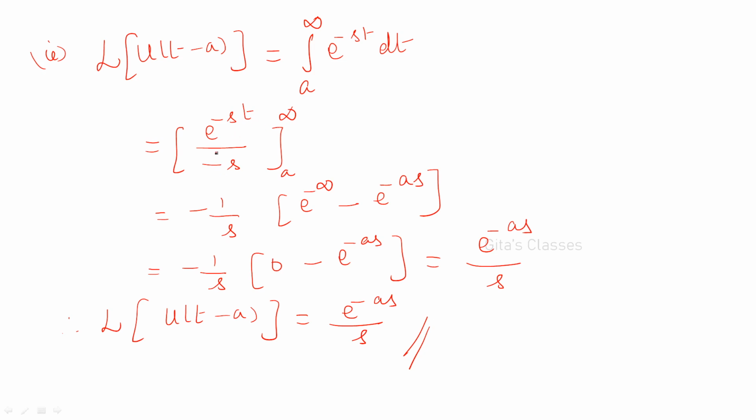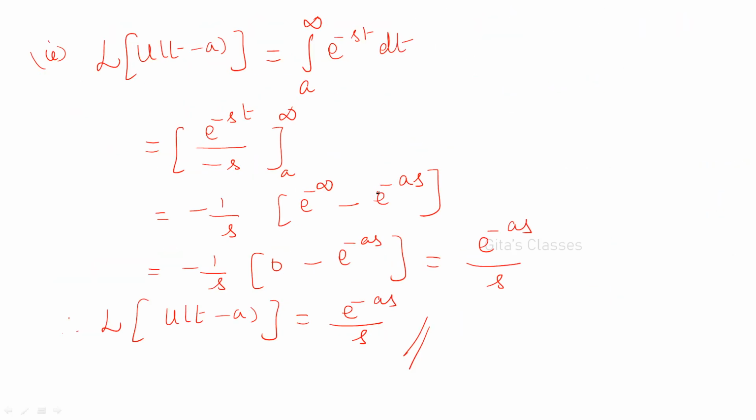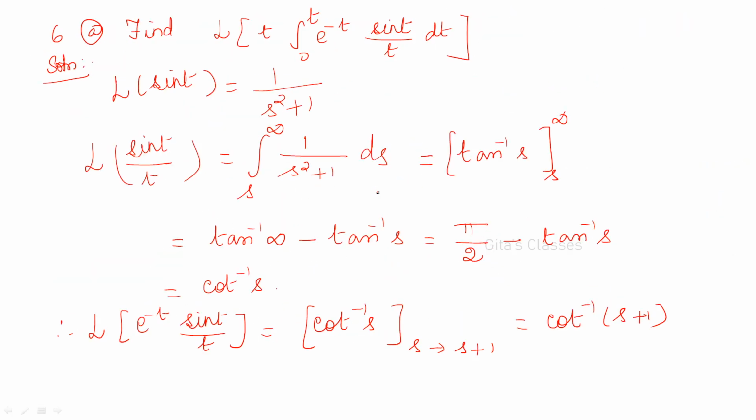By integrating and substituting the limits, e power minus infinity minus e power minus as. E power minus infinity is 0, so simplifying you will be getting e power minus as by s. This is the Laplace transform of the unit step function. It is also known as Heaviside function, Heaviside unit step function.